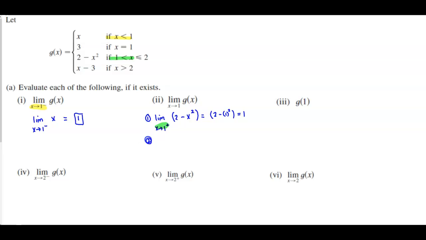So now what we've determined is that the limit as x approaches 1 from the left of g of x is equal to 1, and from part 2, the limit as x approaches 1 from the right of g of x is also equal to 1. So then that tells us that the limit as x approaches 1 of g of x is equal to 1.